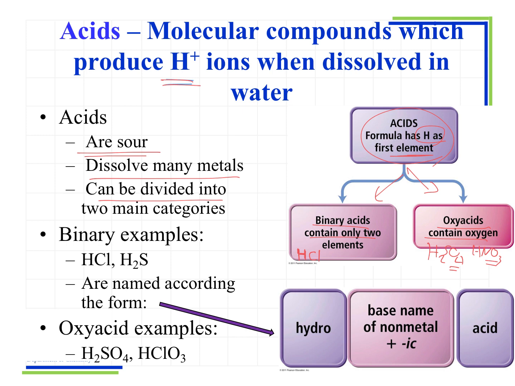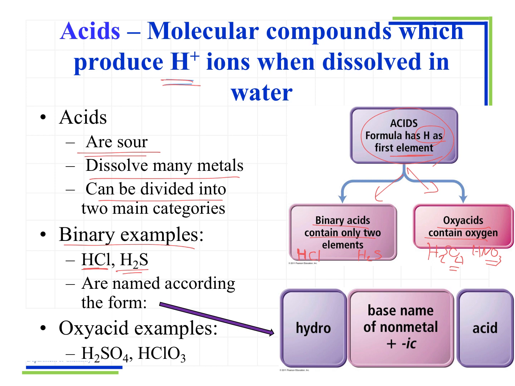That's a binary acid. Like H2S. Although we have two hydrogens, when we say two, we mean two types of element. So it has hydrogen and sulfide. Okay, so it's H2S. So we have our binary examples. As we talked about, HCl and H2S are examples of binary acids.